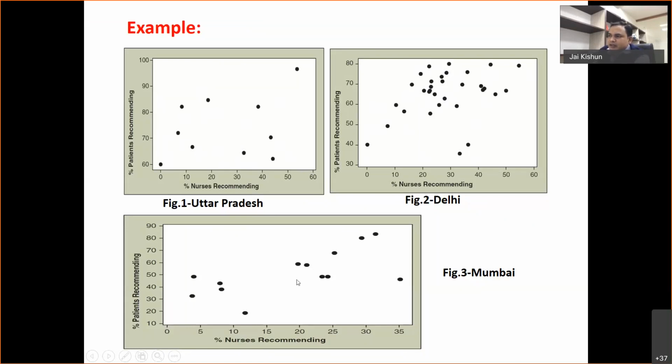So you can see that here their views are coming in a similar direction, and there their views are very scattered. The recommendations of both nurses and patients are scattered in UP, but in Mumbai they seem closer to each other.